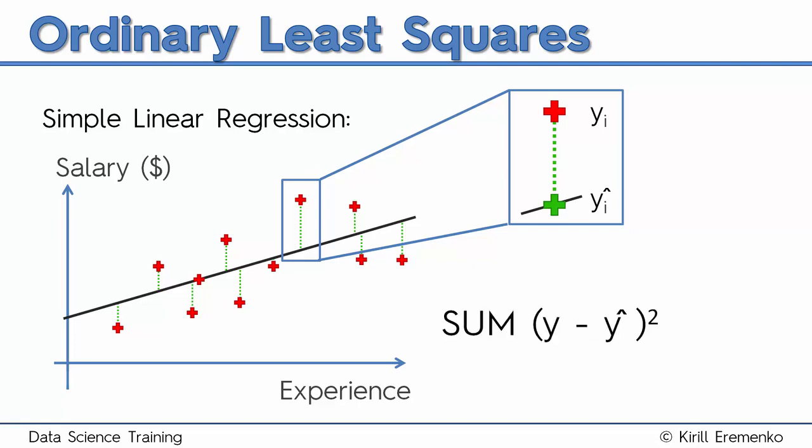Now, to get this best fitting line, what is done is you take each one of those green lines or those distances, you square them, and then you take the sum of those squares. Once you have the sum of the squares, you've got to find the minimum. So basically, what a simple linear regression does is it draws lots and lots of these trend lines.